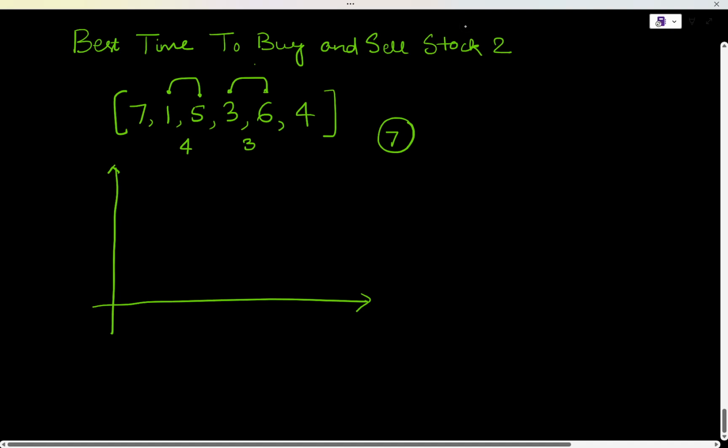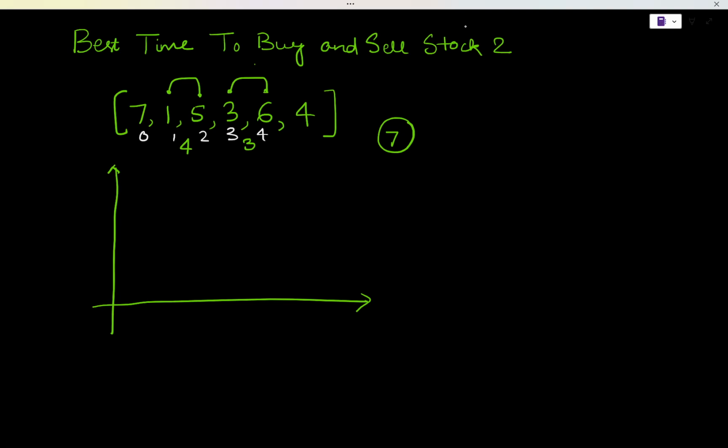So we have zero-based indexing as usual, 0, 1, 2, 3, 4 and 5. And we have our values from 1 to 7. Let me also write those 1, 2, 3, 4, 5, 6 and 7.